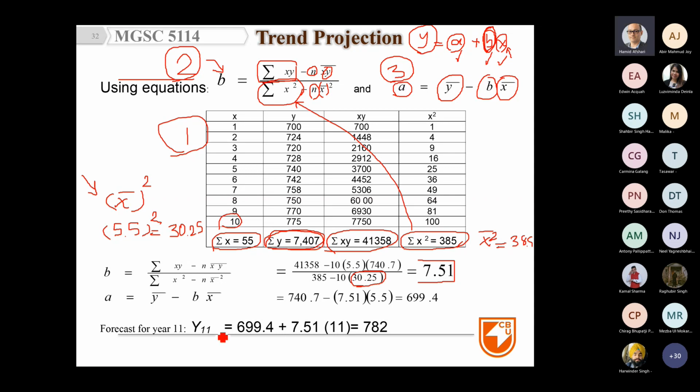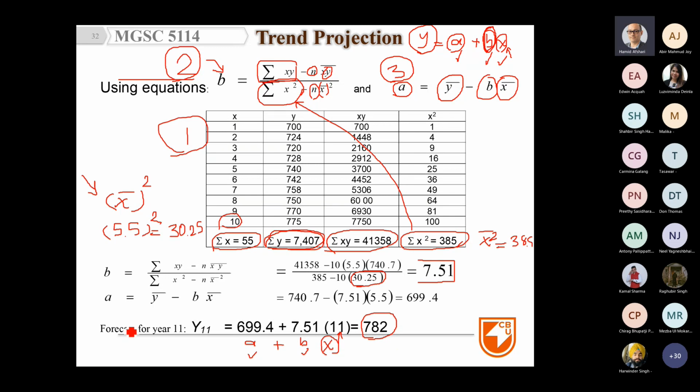I just need to replace the numbers. So Y for year number 11 is equal to A plus B times X. I have B, I have A, and I know X is 11. I can easily find the number of enrolled students in year number 11.